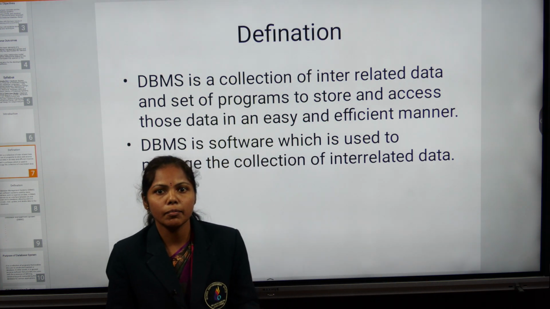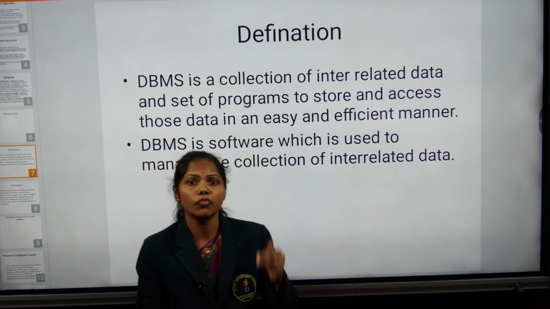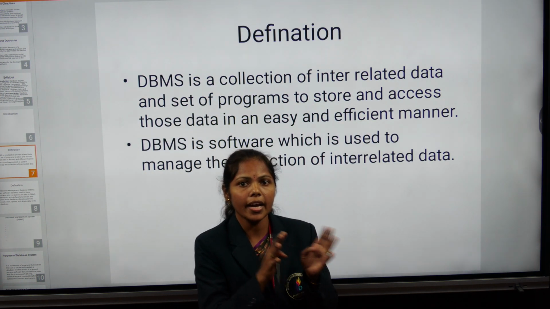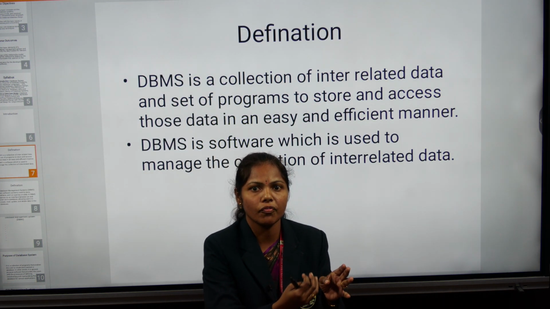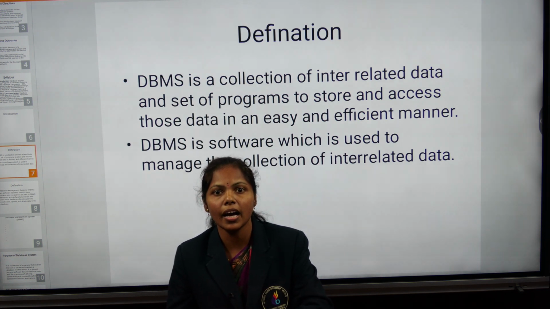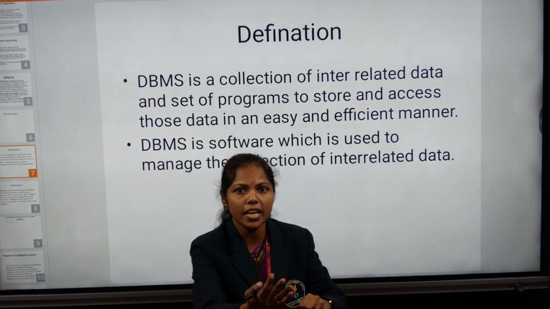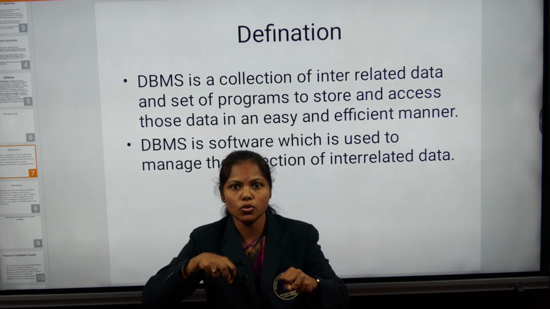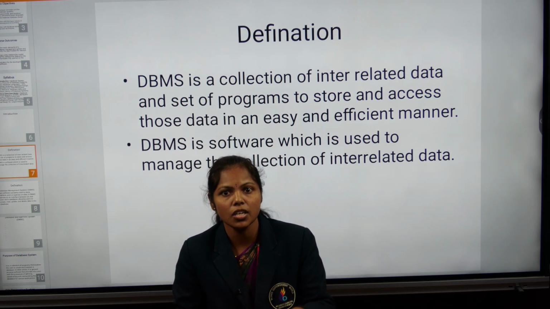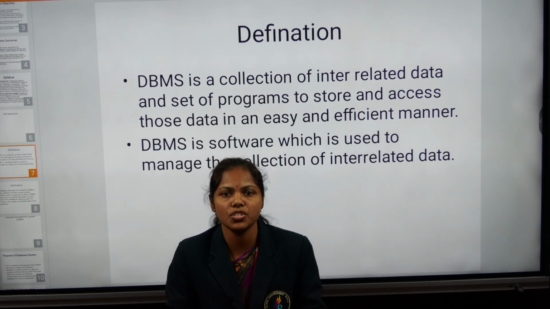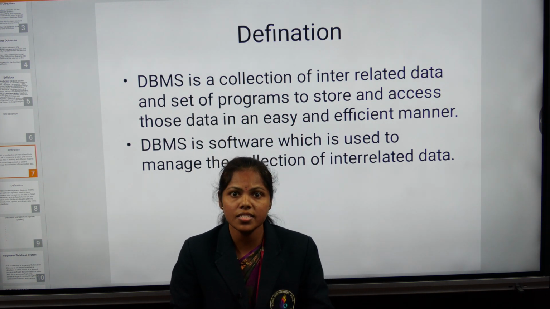Next one is the information. So the difference between data and information: data is the collection of raw facts. Information is what we get after processing the different data objects. Information is the structured, organized or processed data.